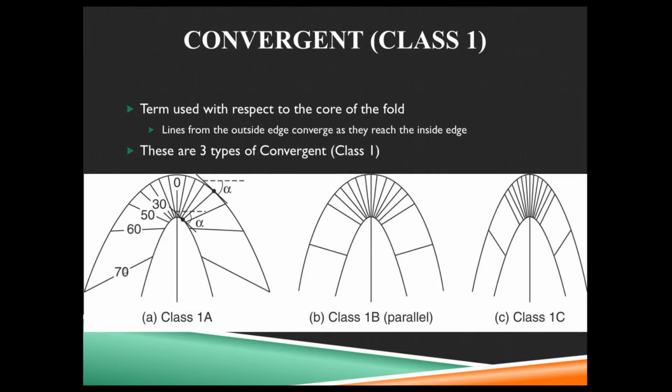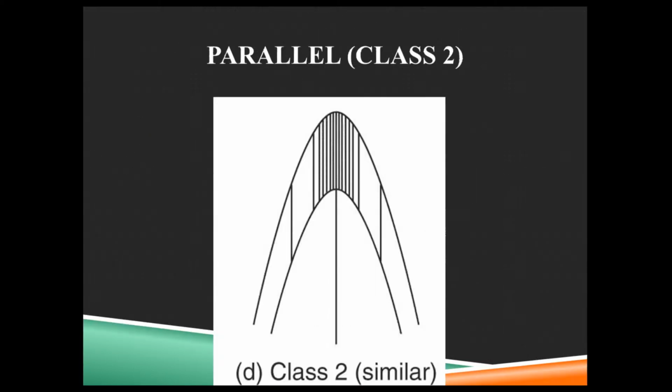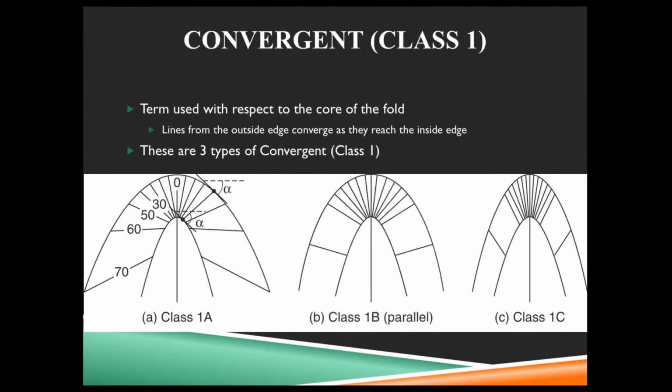You can see here the angle is changing. Here the angle is not changing much. And here the angle is diminishing as it gets towards the top. Parallel is like this. Parallel is less common. If you look at these convergent ones, this is what you might think of.